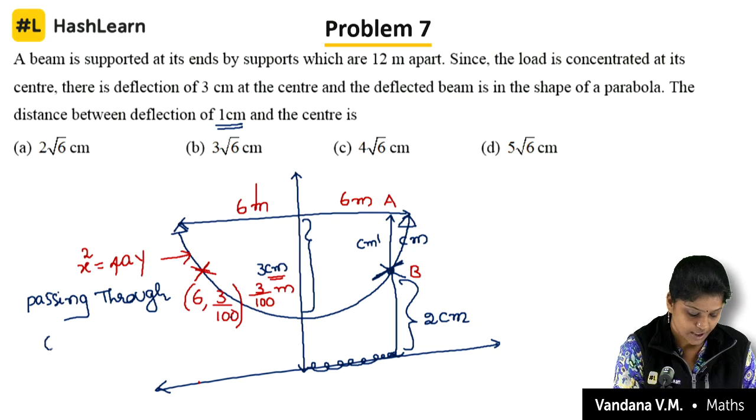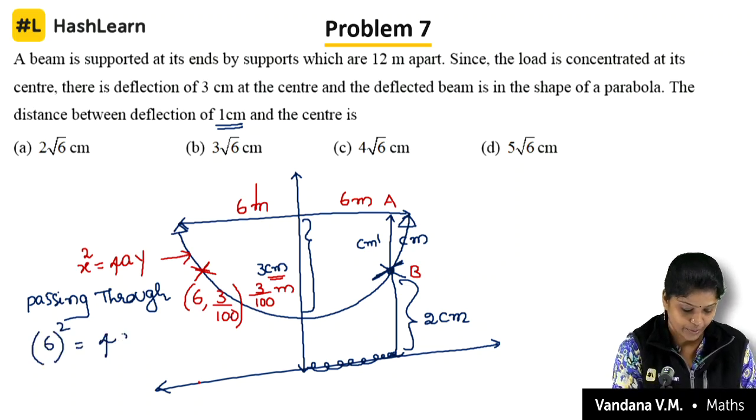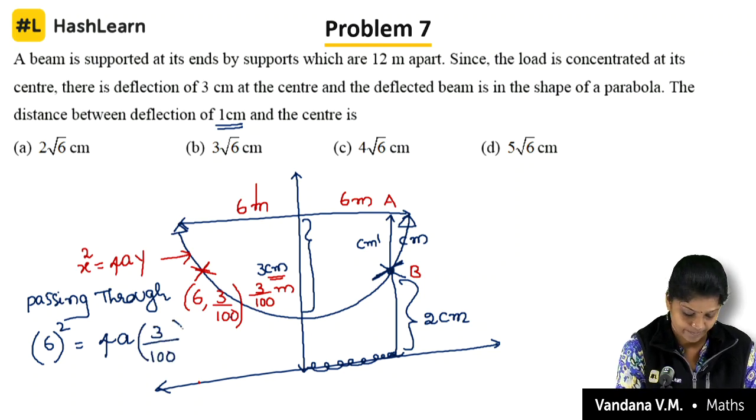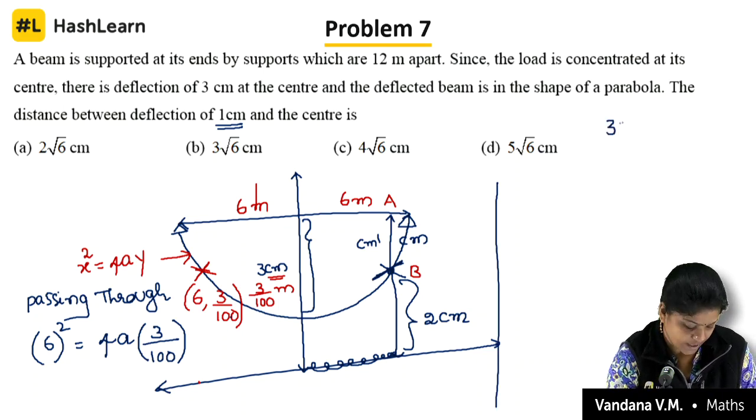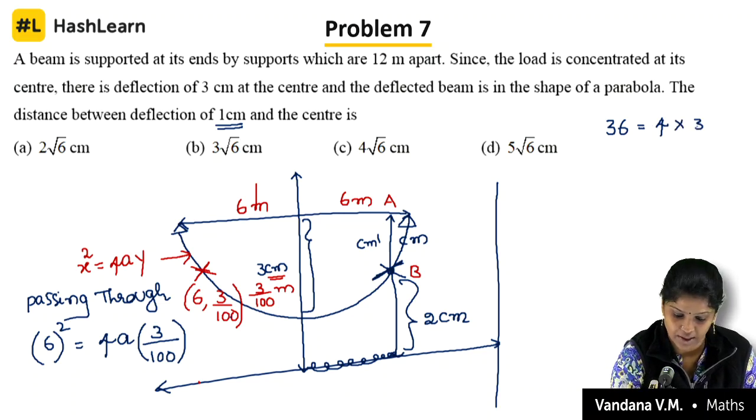Substitute the values. 6 whole square is equal to 4 into a into y, that is 3 by 100. 36 is equal to 3a by 100.